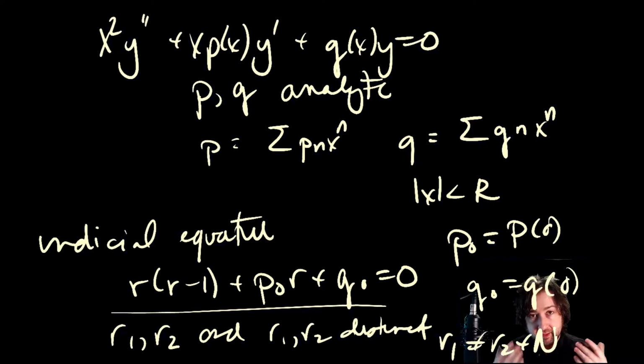As long as we have that assumption, which is quite a bit of assumptions actually, given the way that the roots to a quadratic polynomial can turn up, then we can assert that this equation has two linearly independent Frobenius solutions.